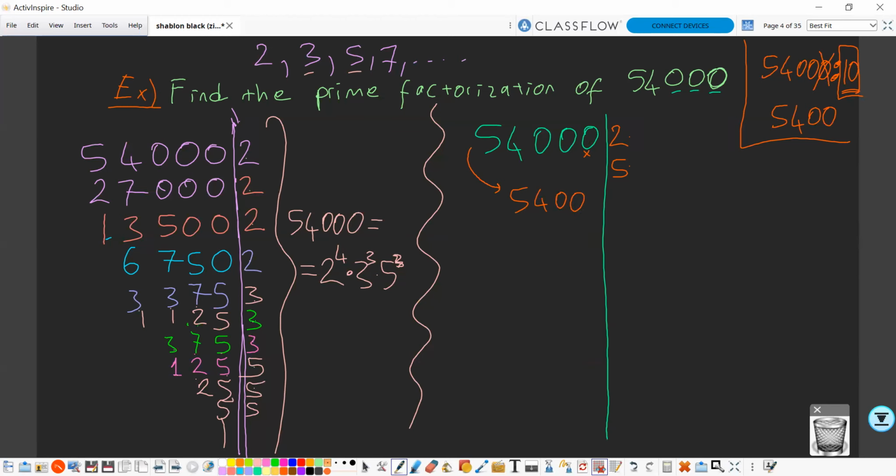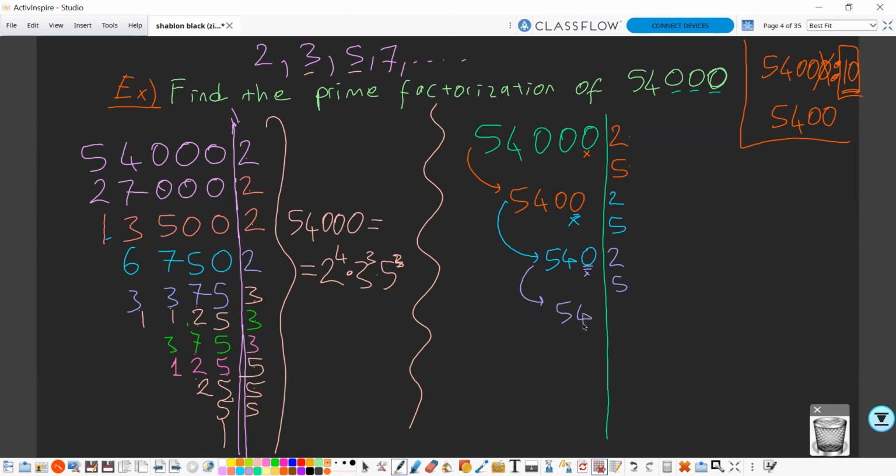Then, since we still have a 0 here, we can still do the same operation, 2 and 5. That means dividing by 10. So you can remove the 0 at the end, and the number becomes 540. We still have a 0 at the end. That's why I can divide by 2 and 5 because of this 0, and it will be removed for the next step.